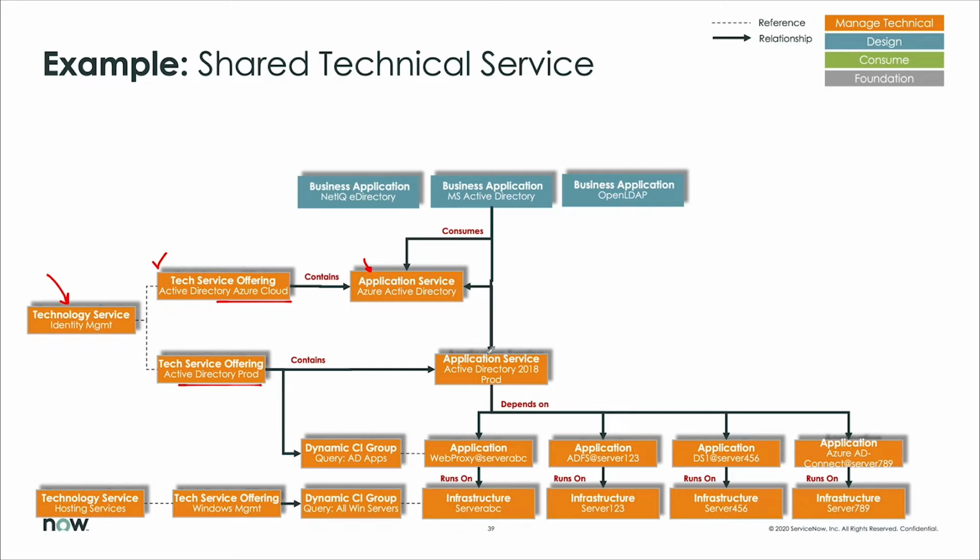There may be dependencies between these two application service instances, so that maybe one is the master source for all of the identities, and the cloud instance is receiving that information. Your application that is running is really there to manage and to account for both from an investment and strategy and planning point of view.